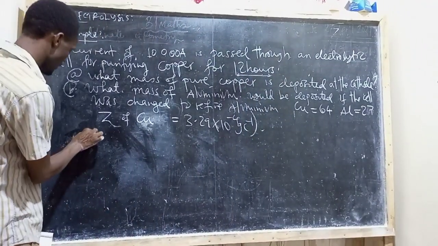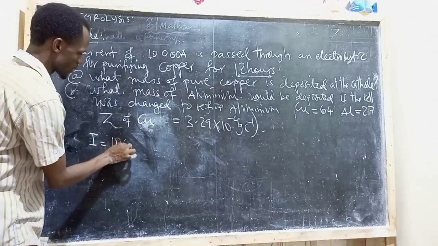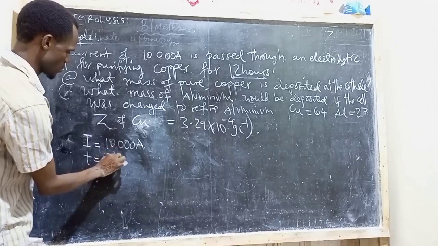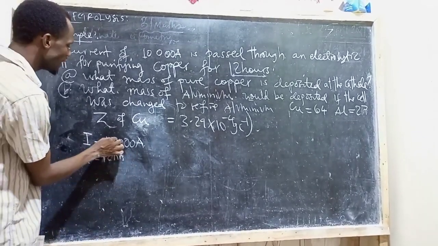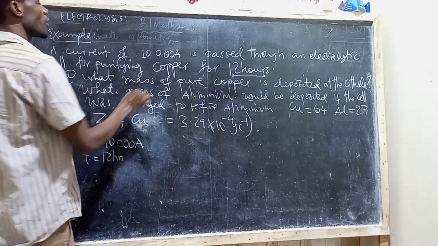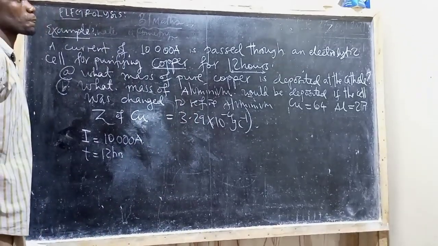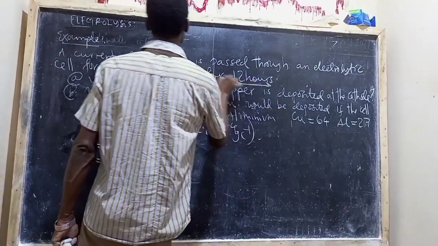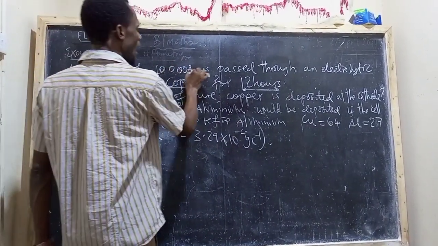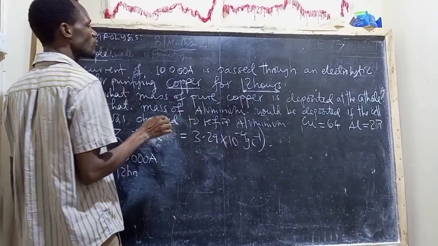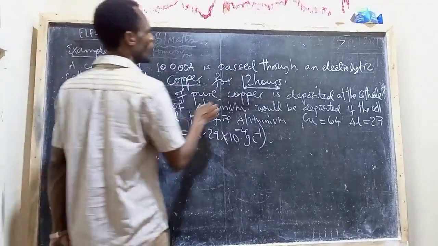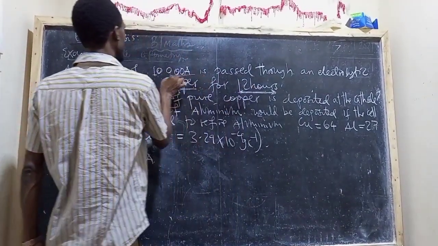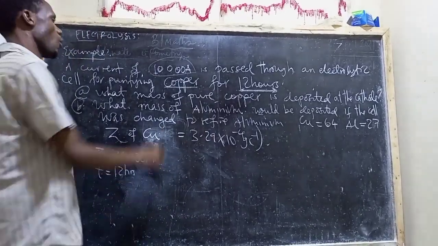That is, the current is equal to 10,000 amperes, and it took a time of 12 hours to remain in the electrolyte so as to purify copper. So the current spends 12 hours in the electrolyte to purify copper.